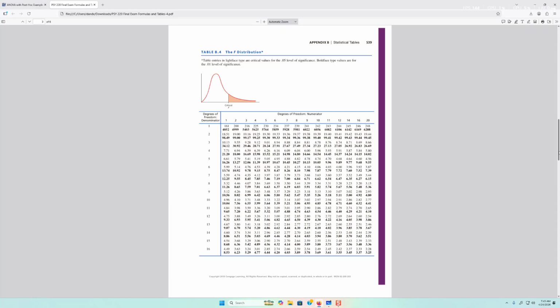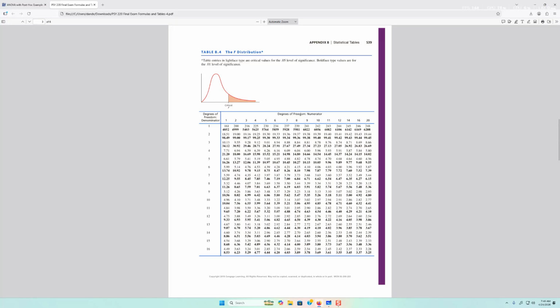You see how the F ratio is positively skewed? There's only one tail. The light face, the regular faced font is the 0.05 critical value. The bold faced font is the 0.01 critical value. So the regular type is 0.05, the bold type is 0.01.